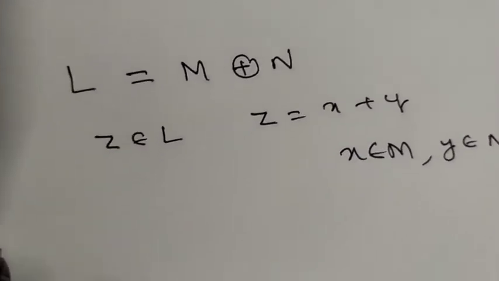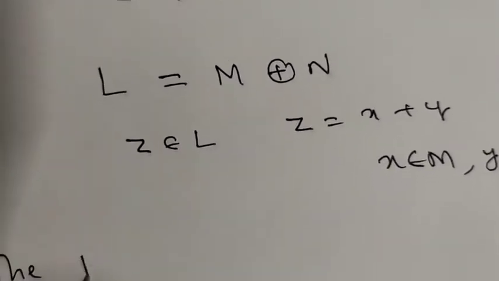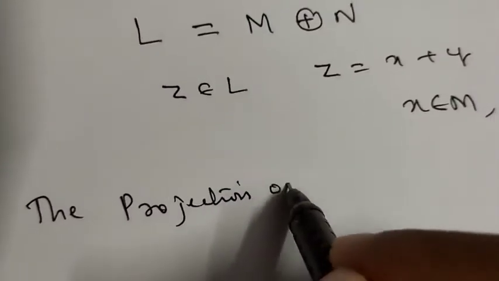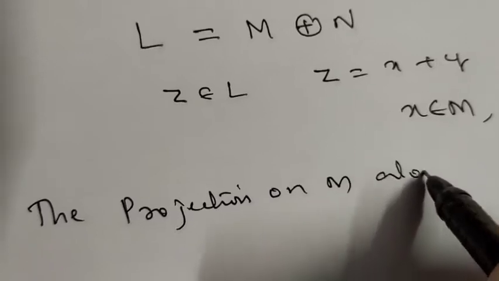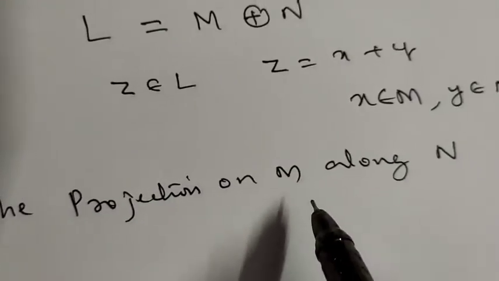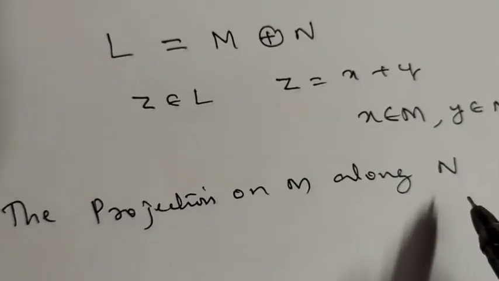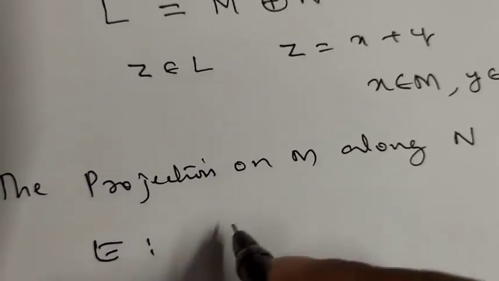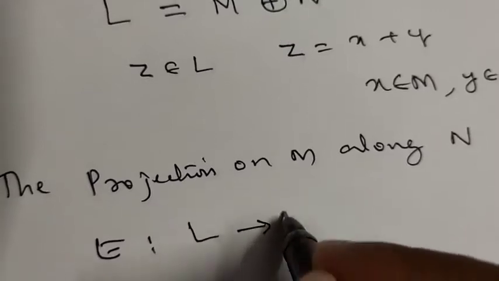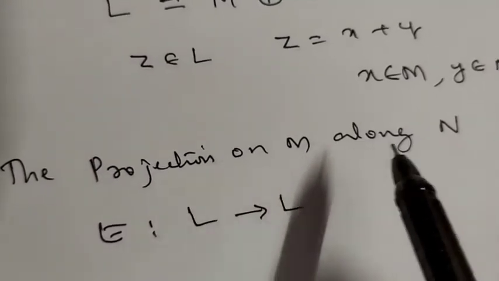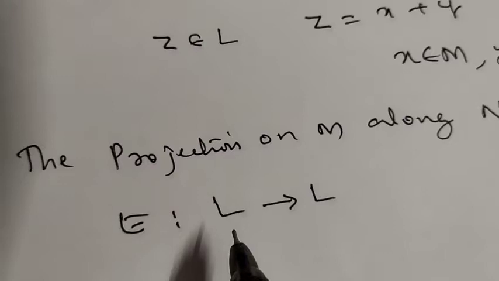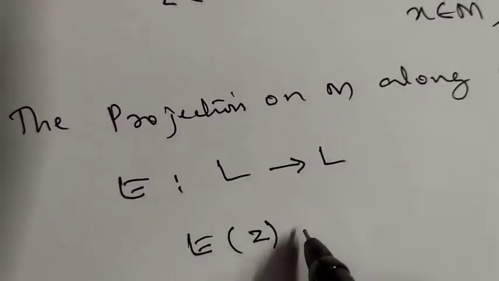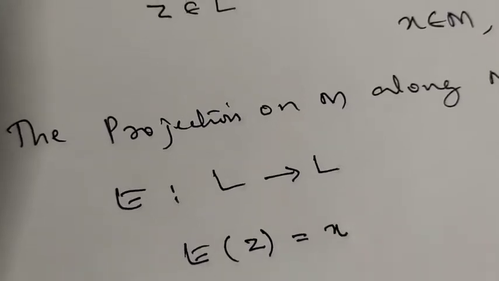The projection on M along N is a linear transformation E from L to L defined by E of z is equal to x.